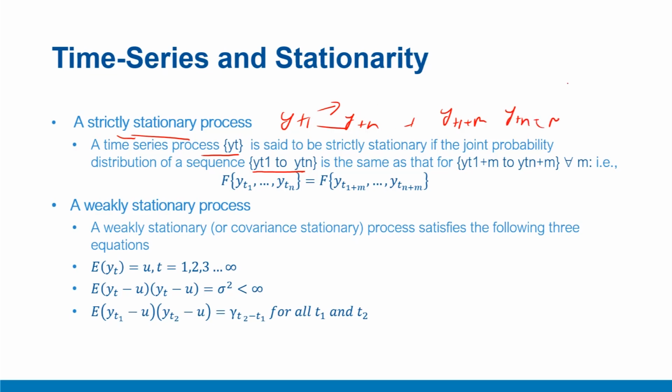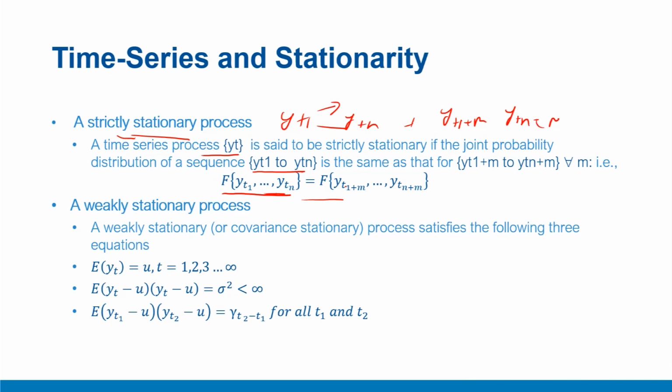Similarly, we can take any such sequence, and if the joint probability distribution, where f is the notation for joint probability distribution, remains the same for yt1 to ytn, a sequence of n terms, and yt1 plus m to ytn plus m, then this series is said to be strictly stationary.